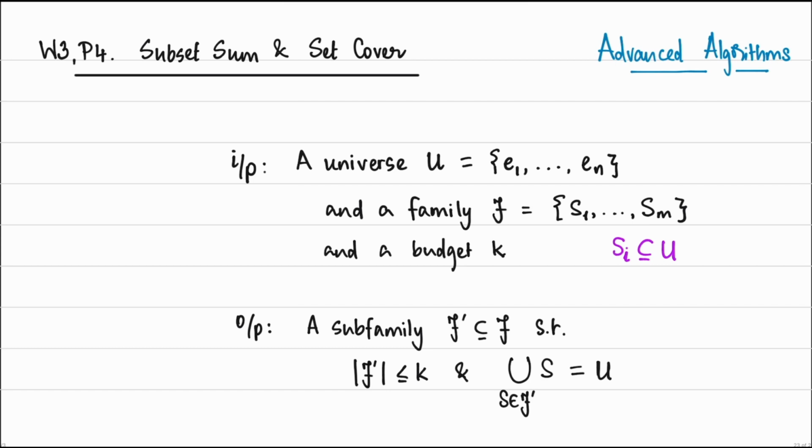So we want to know if such a subfamily exists, and if not, then the output would be this is not feasible, so you can simply say no.